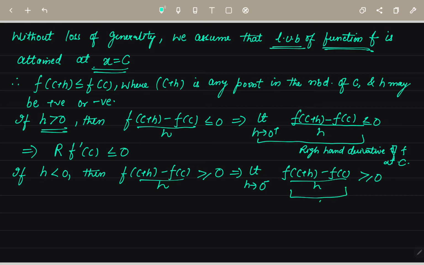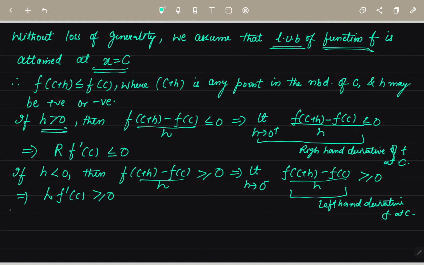This is basically the left hand derivative of the function f at point c. So from here I will write this implies the left hand derivative of f at c is greater than or equal to 0.